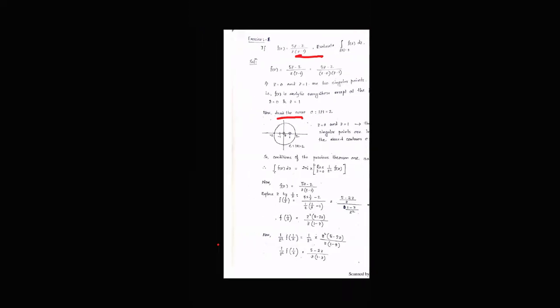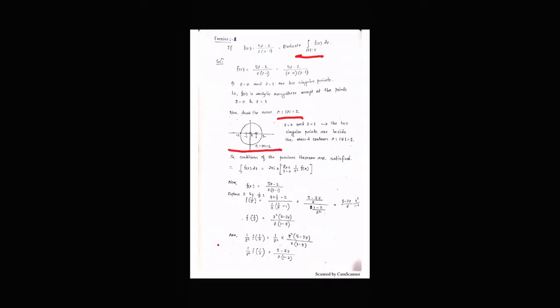Now see the diagram. Here we have drawn the closed circle. This is a circle whose center is at the origin and whose radius is 2.